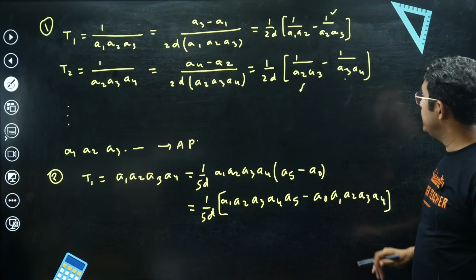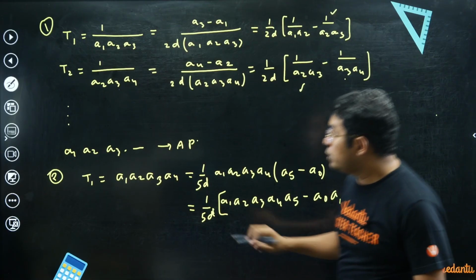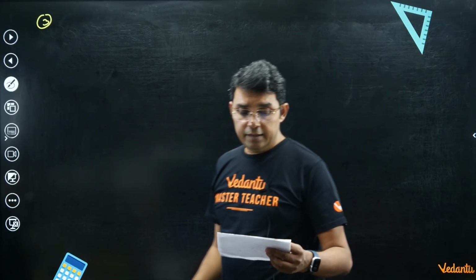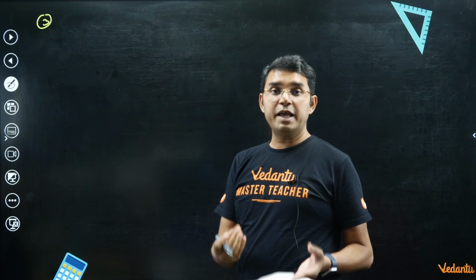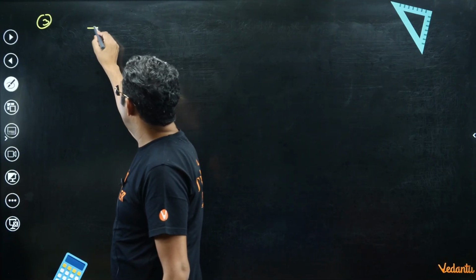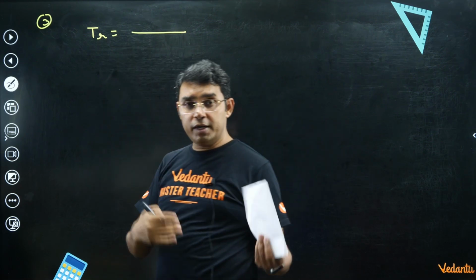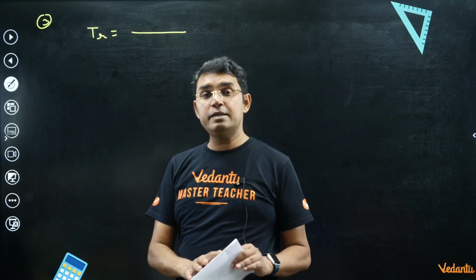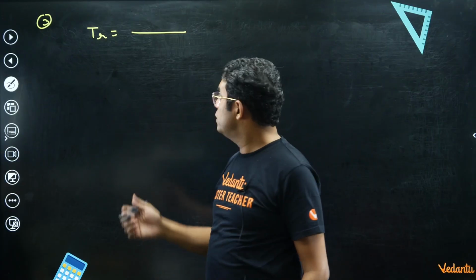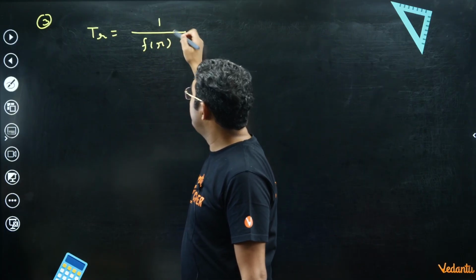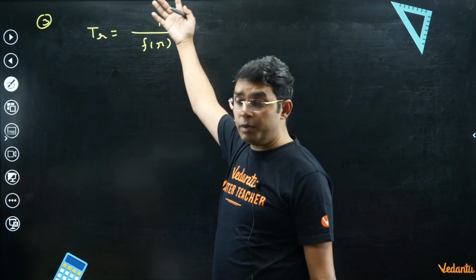Okay, so that is the second thing. Now coming to the third thing: we will be given some fraction. We will be given TR as some fraction, maybe quadratic or cubic, or maybe sometimes irrational terms also. So this will be, let's say, FR, 1 upon FR, or maybe some terms in the denominator also.